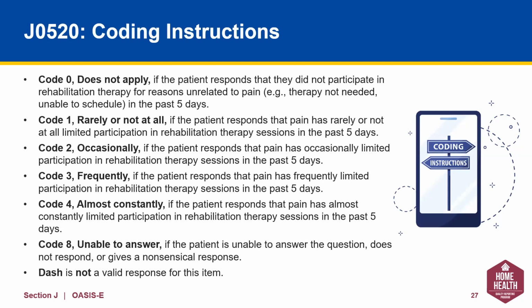And as noted on the slide, additional coding response options include code 3, frequently, code 4, almost constantly, and code 8, unable to answer, if the patient is unable to answer the question, does not respond, or gives a nonsensical response. And please remember that dash is not a valid response for this item.